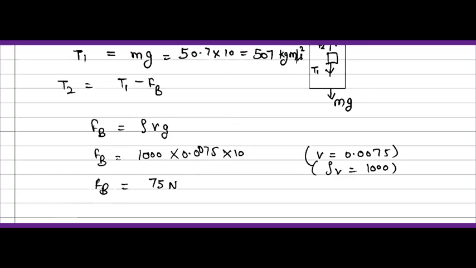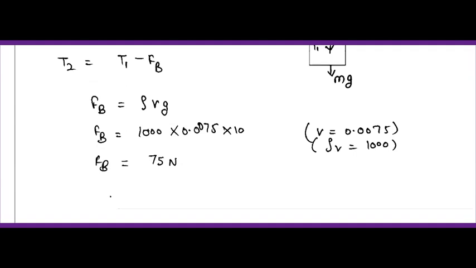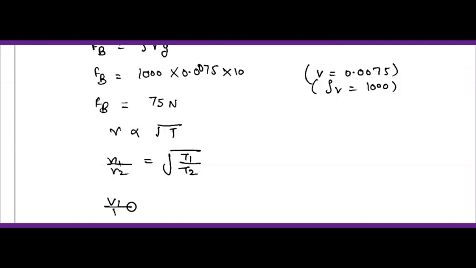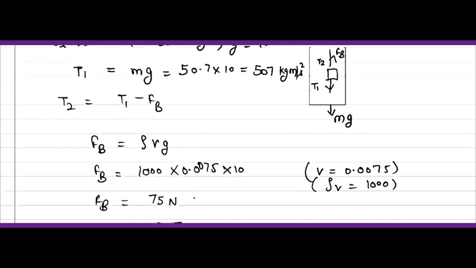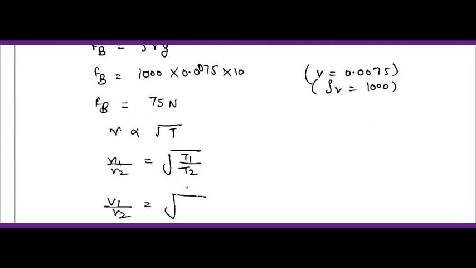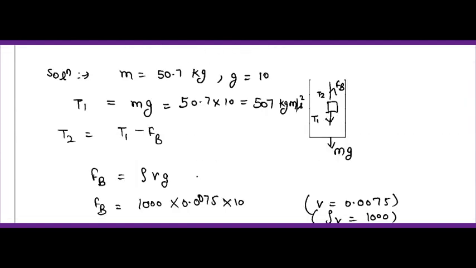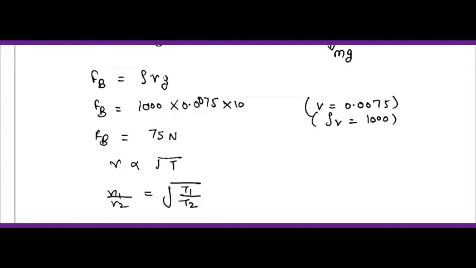Now we know that velocity v is directly proportional to the square root of T. So if we take frequency 1 divided by frequency 2, this equals the square root of tension 1 divided by tension 2. Tension 1 is 507 and we have to calculate tension 2.